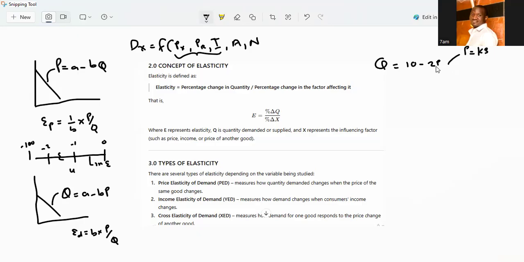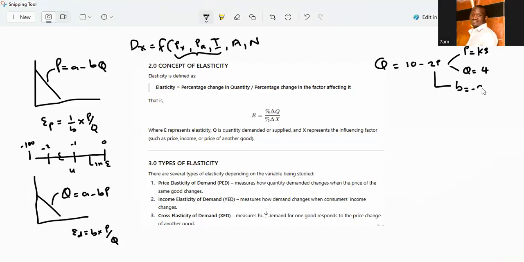So when you put a 3 on the P there, what becomes your Q? Your Q automatically becomes, when you put a 3 there, that is 6. 10 minus 6 is 4. 4 units. All right. So this will help you come up with a quantity. Your B is simply the number or the slope before the price here. So your B there will be -2.